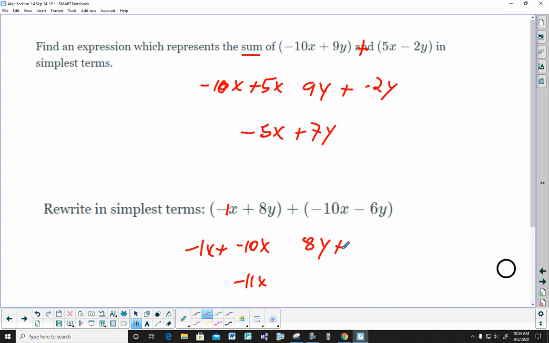This plus is coming from right here. All right? 8y minus 6y is really what you're looking at. Adding a negative is just subtracting. So that would be a positive 2y. So that would be your final answer.